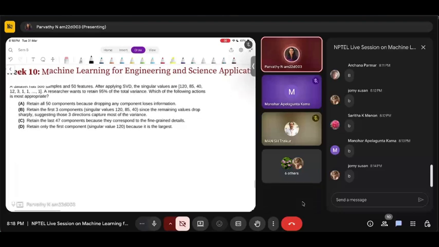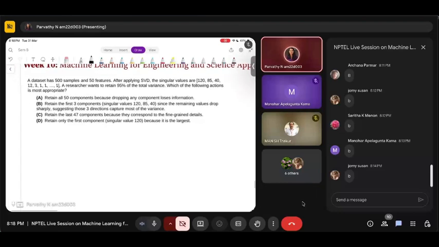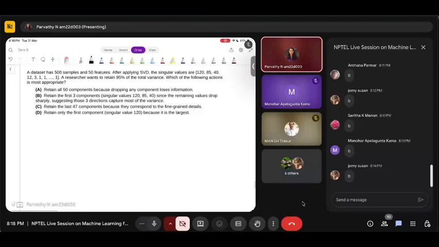A data set has 500 samples and 50 features. After applying SVD, the singular values are 120, 85, 40, 12, 3, 1, 1, etc., up to 1. A researcher wants to retain 95% of the total variance. Which of the following actions is most appropriate?